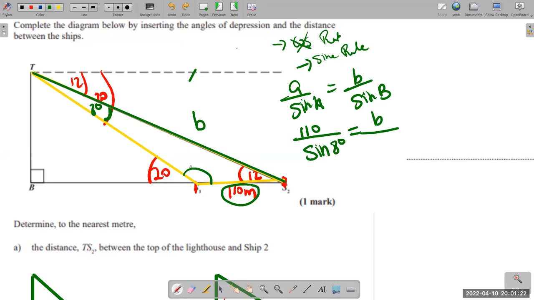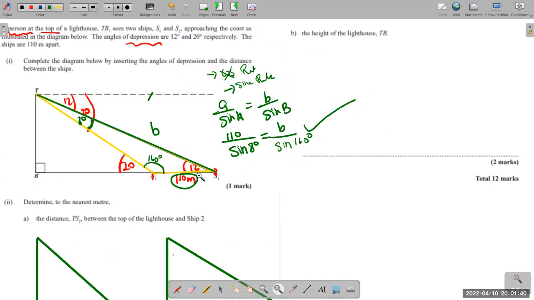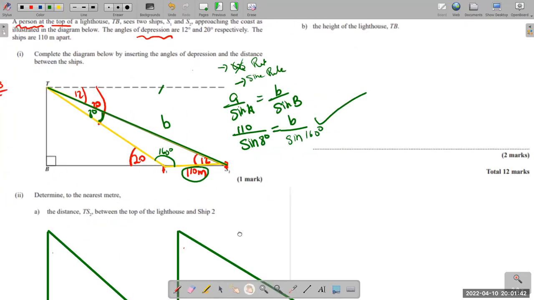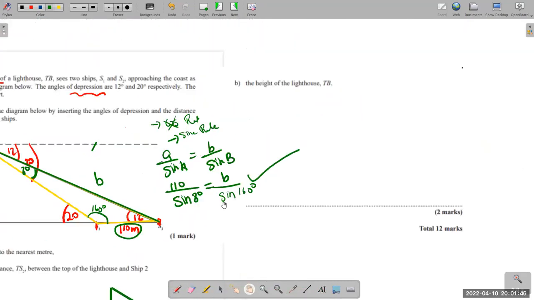Okay, I can just keep it moving and hope that everybody is following. So we know B is sine 160. Now let me ask a question. Shouldn't you know what to do from here? Right? So I'm not doing the rest of that. So we're going to end right here for this question. So when you're done, you're going to find this angle here. Everybody with me?